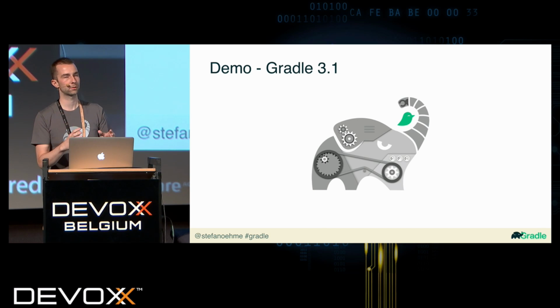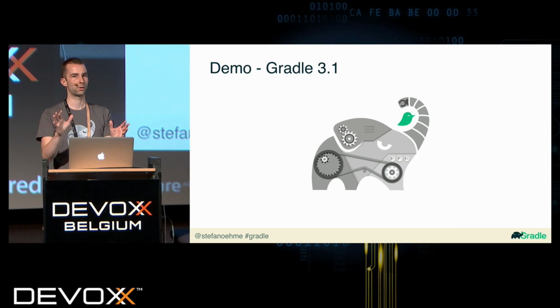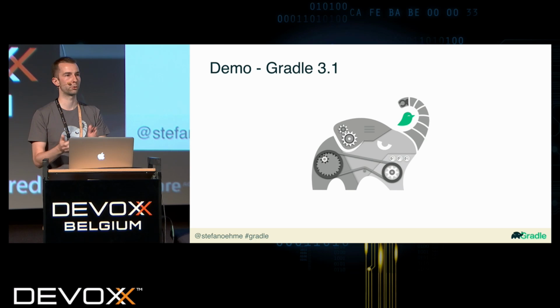Because by default, Composite Builds will not take the version number into account. So as long as group and artifact ID match up, the dependencies will be replaced. You can customize that, of course. So you could customize it to use semantic versioning and only replace it if you think it's compatible. But the default behavior should suit most of you, I think.